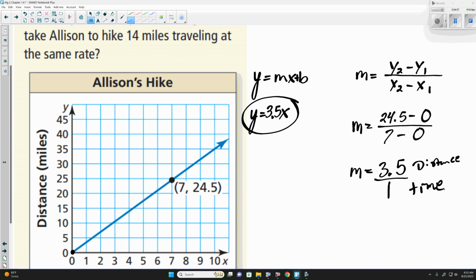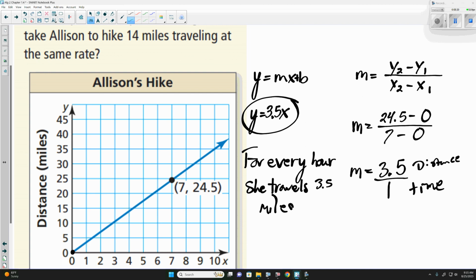Because with slope, we put change in y on top, change in x on bottom. So we're saying for every hour she travels how far? 3.5 miles.